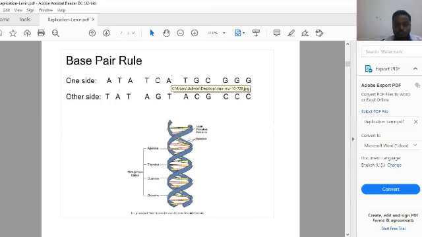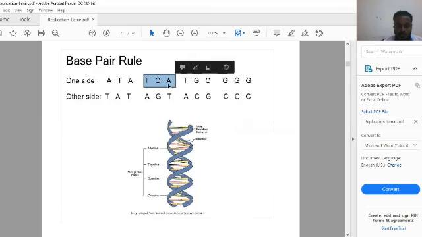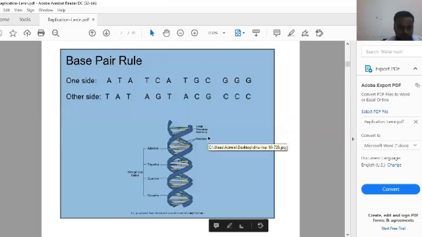Only one base pair is replaced by another base. Suppose three nucleotides are deleted or inserted, this is called a mutation.